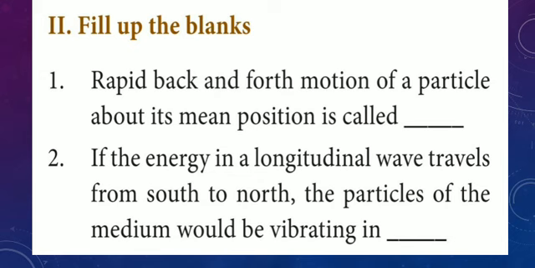Rapid back and forth motion is called oscillations. Okay, next, if a longitudinal wave travels from south to north, then the particles of the medium will vibrate in the same direction. Okay.